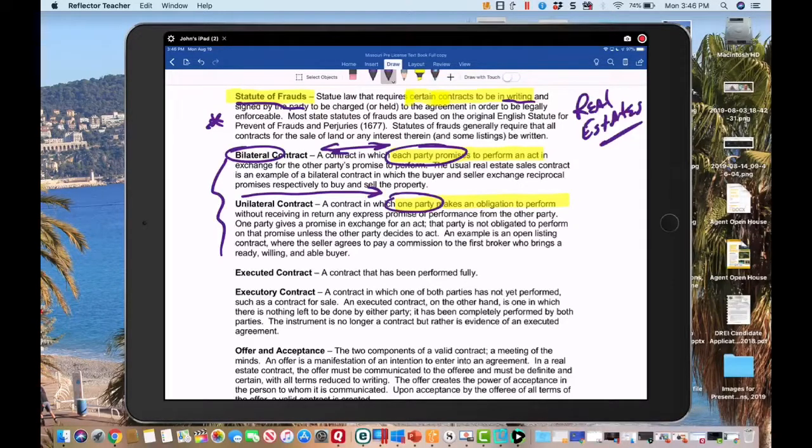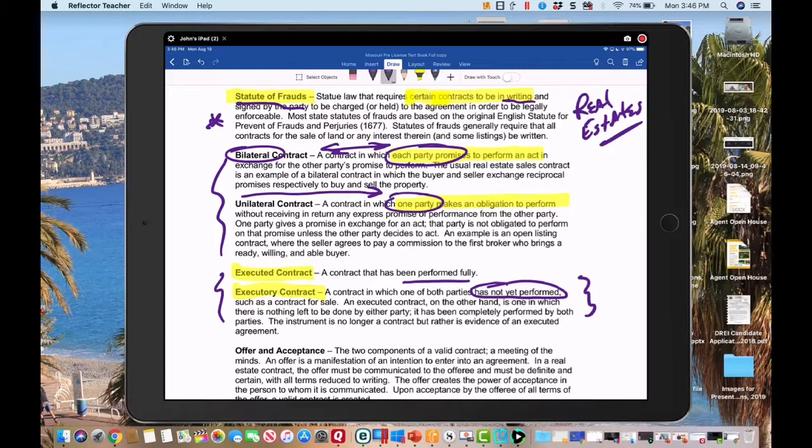And then I have heard about these being on the exam before. An executed contract is done. Everything that's supposed to be completed has been completed, therefore it is called an executed contract. An executory contract, you need to understand that it has not yet been performed.